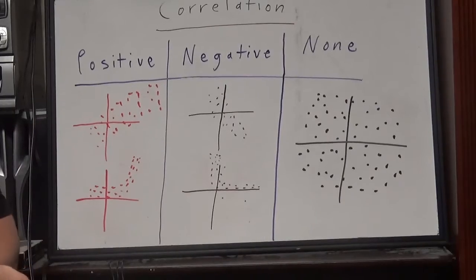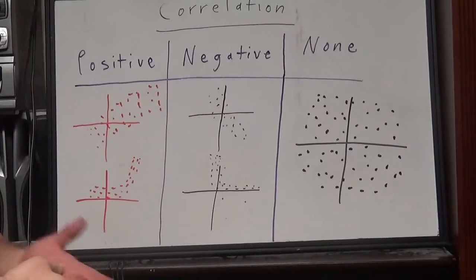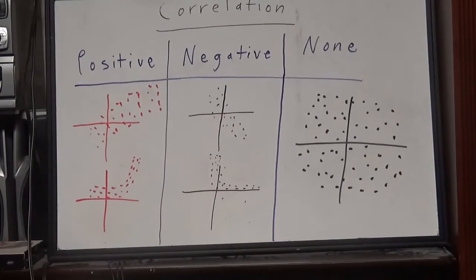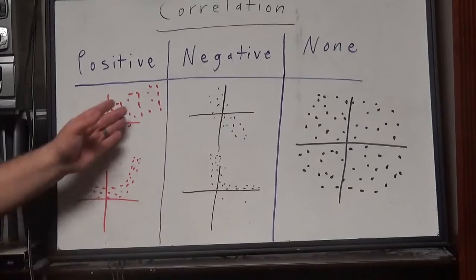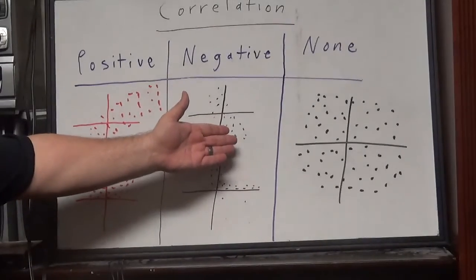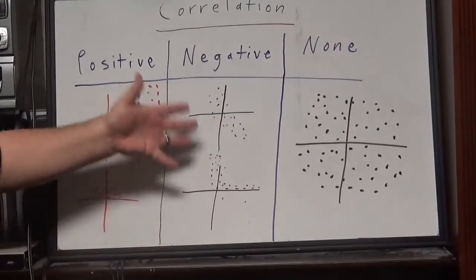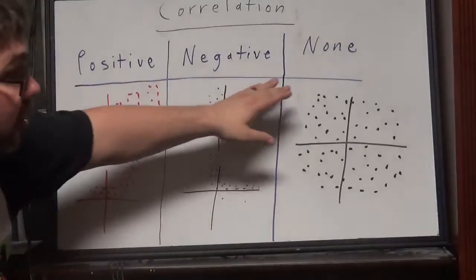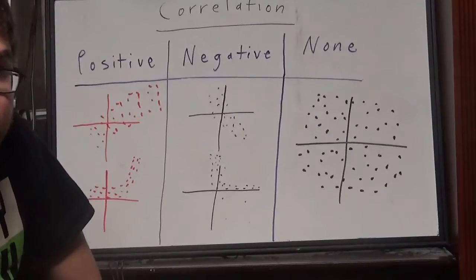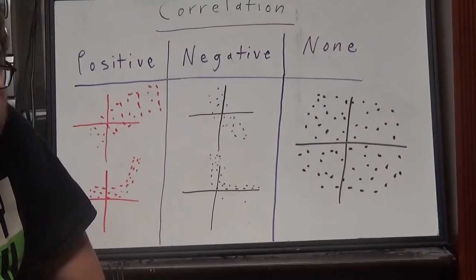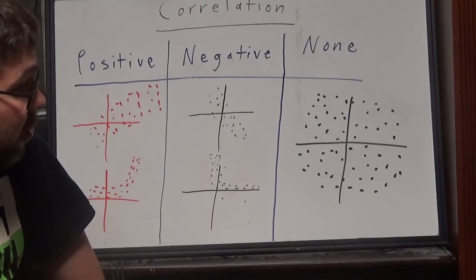Maybe it's coincidence, but they're correlated, as in as the x's get bigger, the y's get bigger, or as the x's get bigger, the y's get smaller. In general, that's positive and negative. With none, as the x's get bigger, we have no idea. Sometimes it's bigger, sometimes it's smaller. There's no telling. The points are just all over the graph.